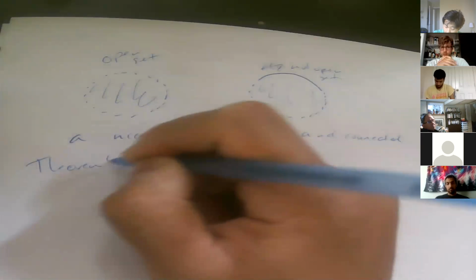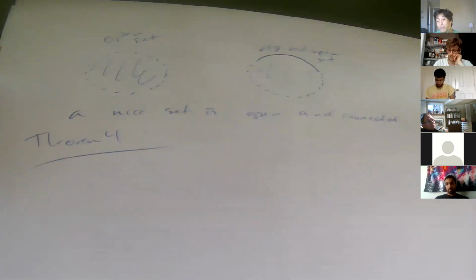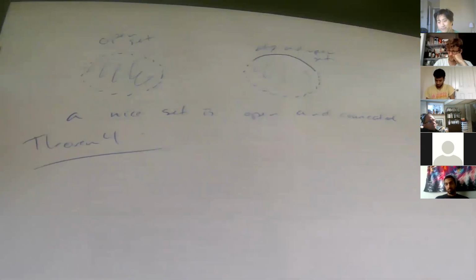So with that in mind, let's go about talking about nice sets. This is theorem 4. The book has some good proofs about these theorems. I really recommend reading them, but I don't think we're going to go through them.